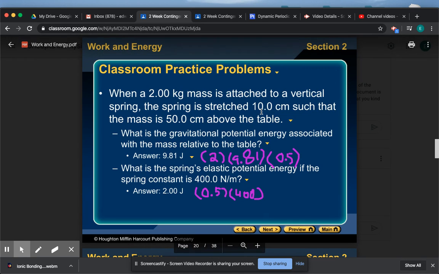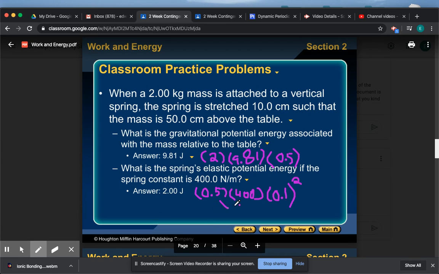It says the spring is stretched 10 centimeters. So if we stretch it 10 centimeters, 10 centimeters is 0.1 meters. So then it's 0.1 squared. So now we do half. 1/2 times 400 is 200.